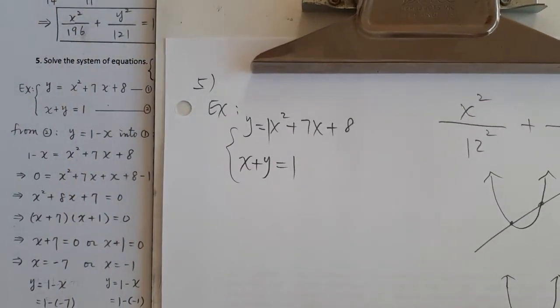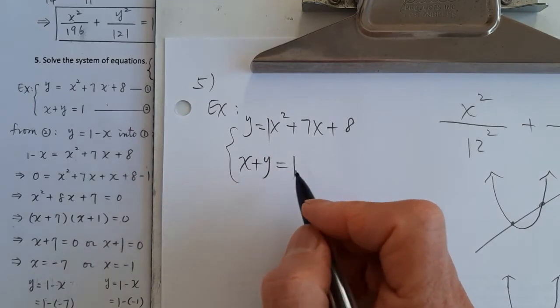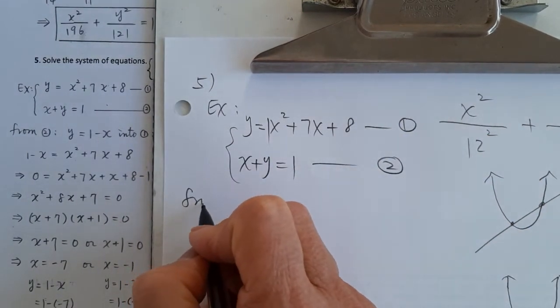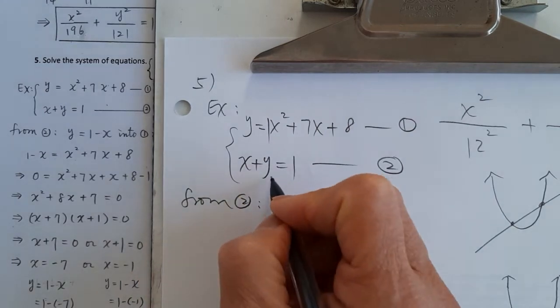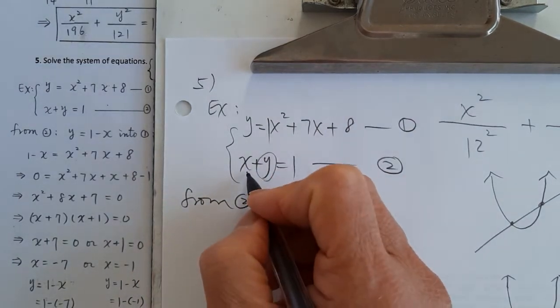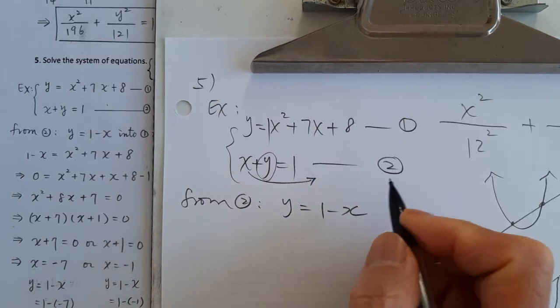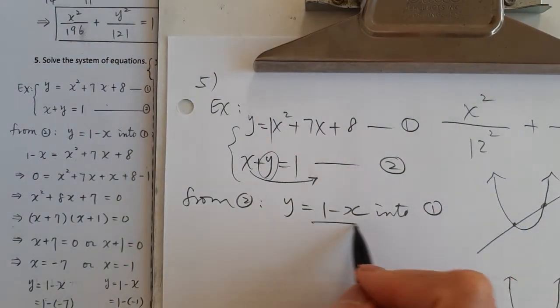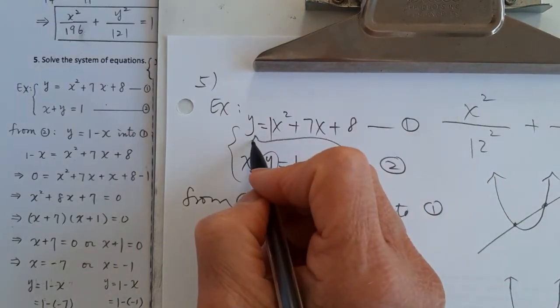So first question, how to solve it? This is the first equation, this is the second equation. From the second equation, you can solve for y. You subtract x from both sides, 1 minus x. Then put it into the first equation. So y equals 1 minus x, put in here.